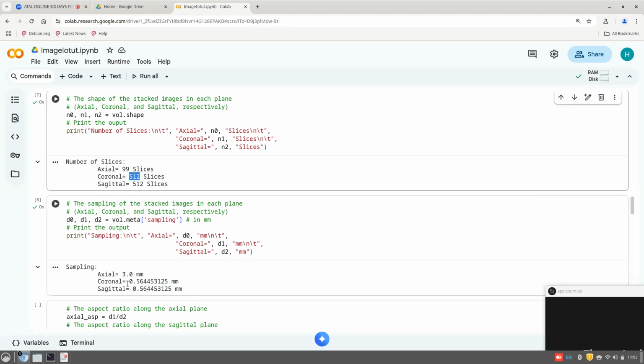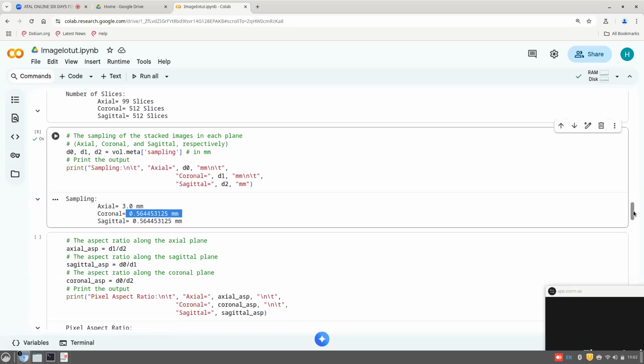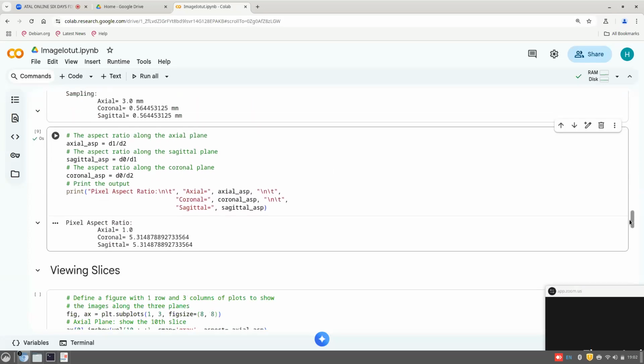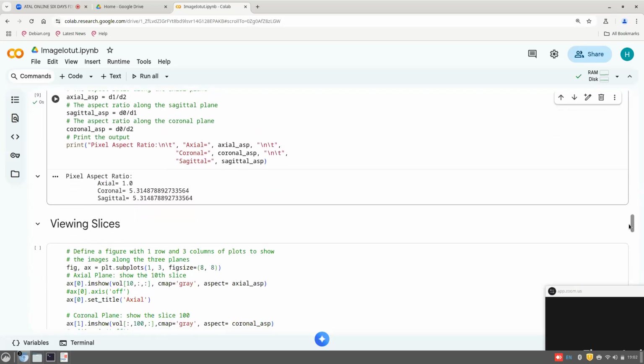Of course, this sampling will be around 0.56 only. And this is the aspect ratio: axial plane 1, and coronal plane and sagittal plane aspect ratio is 5.3. So it's a proportion of the thickness.